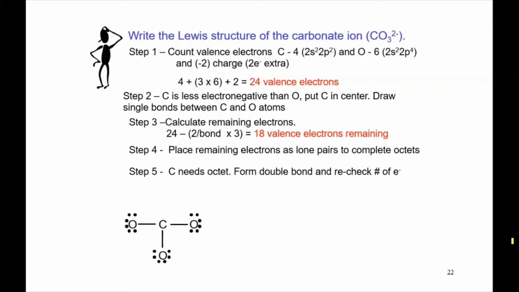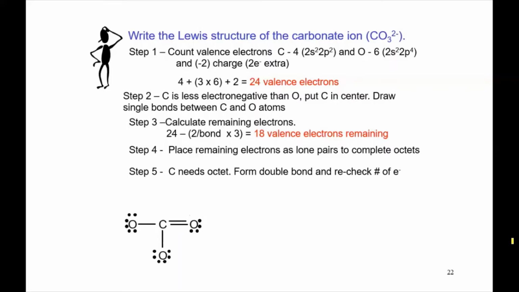We have to roll over a pair of electrons from one of the oxygens into a double bond with the carbon. So let's say I pick that lone pair. I'm going to take that pair of electrons and make that oxygen share them with the carbon so that I now have a double bond in there.